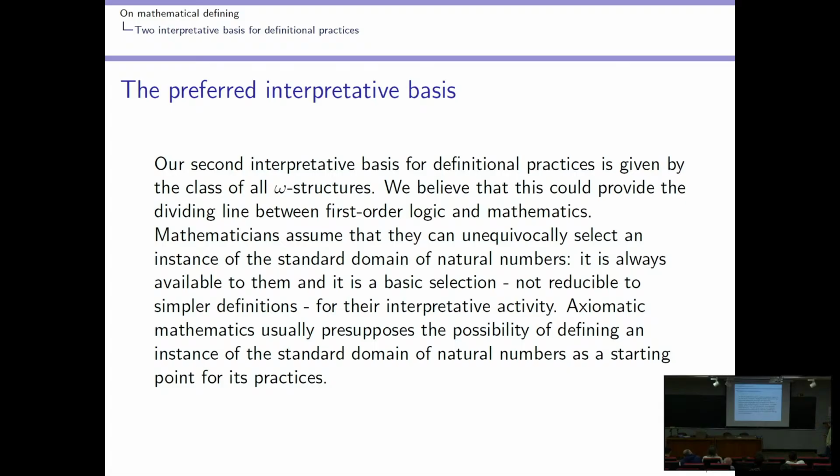So axiomatic mathematics in this sense usually presupposes the possibility of defining an instance of a standard domain of natural numbers as a starting point for its practices. And I am saying that this is a basic agreement. I would like to remind you that it is not the case that we have an infinite agreement, but that we agree on the process of iteration itself.